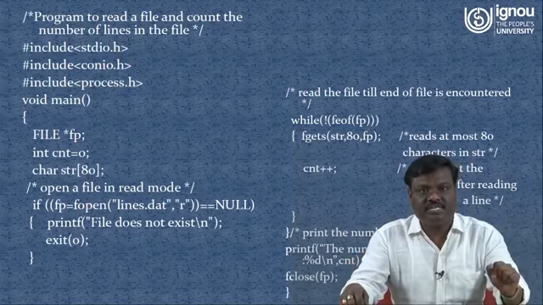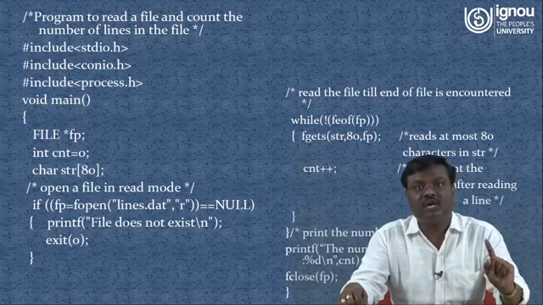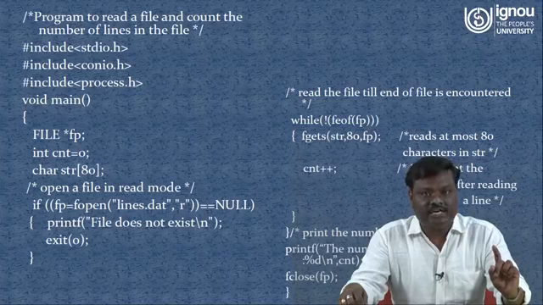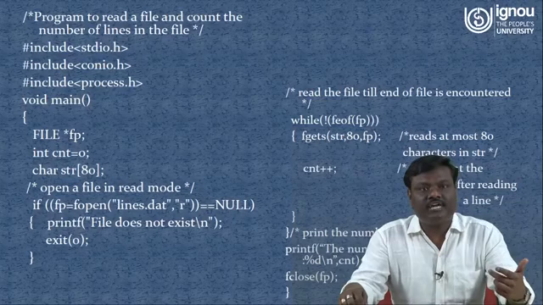As you can see, FP is a file pointer over here and we are initializing the counter with 0 value, and then the character string str has been assigned a size of 80. We are trying to open the file in read mode. Why?